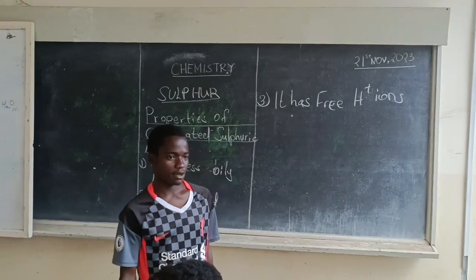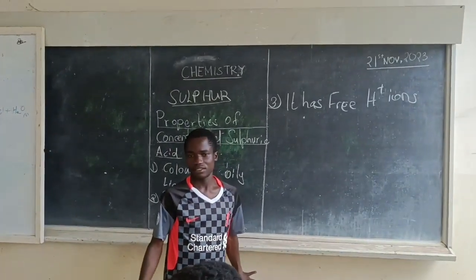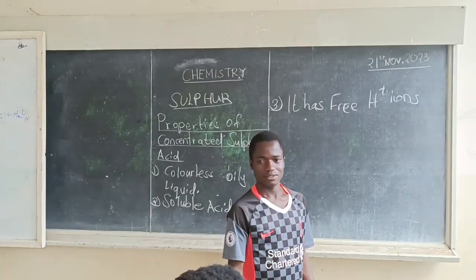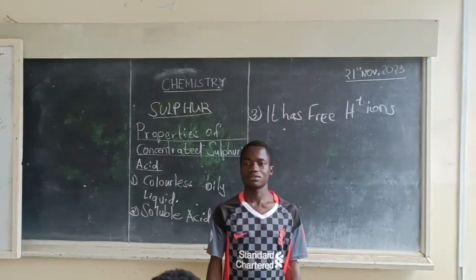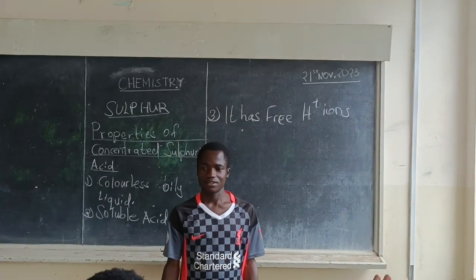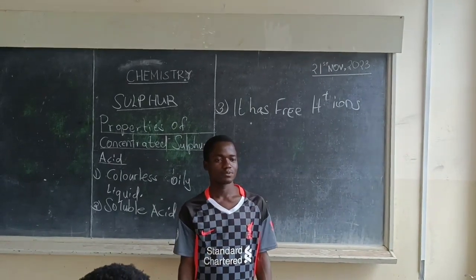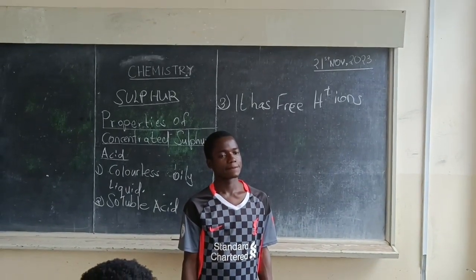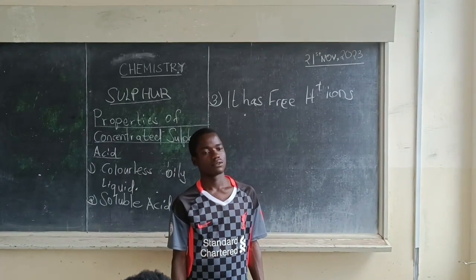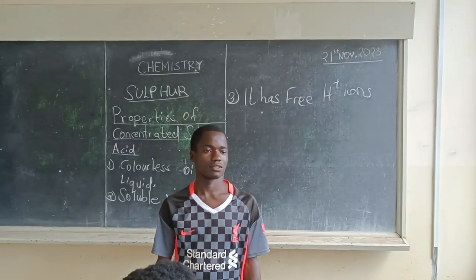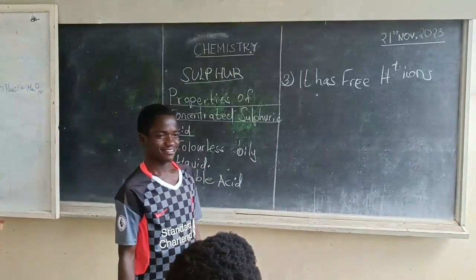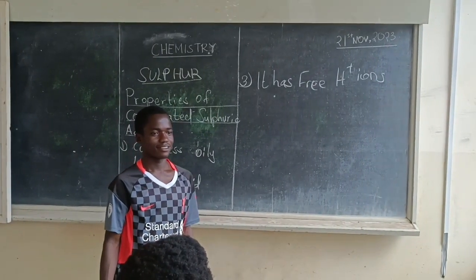How can you confirm that it is acidic in nature? You can test it using indicators, universal indicators. Universal indicator is immersed in a solution containing sulfuric acid. It does indicate that the acid is acidic.